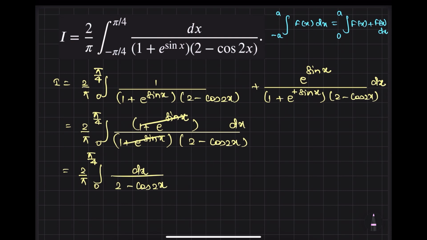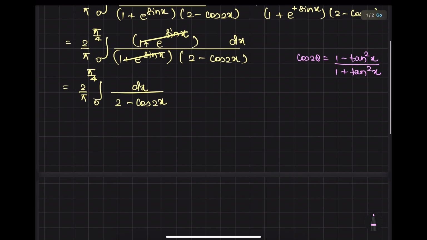So we will apply this cos 2 theta formula, meaning we'll convert cos into tan. So it will become 1 minus tan square x upon 1 plus tan square x. So we will apply this idea over here.